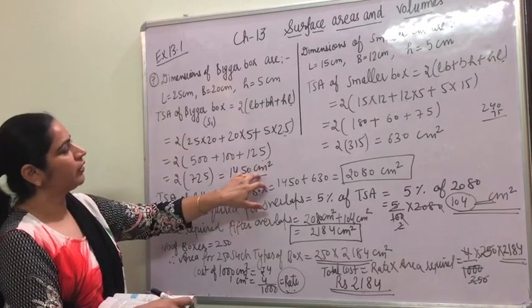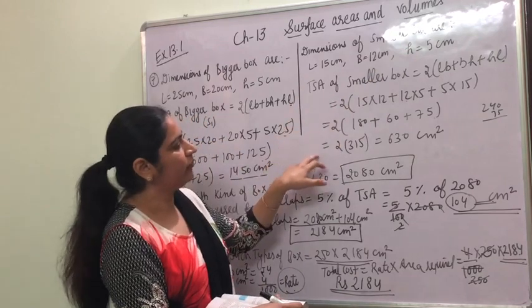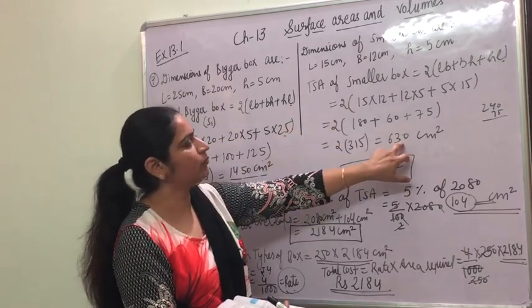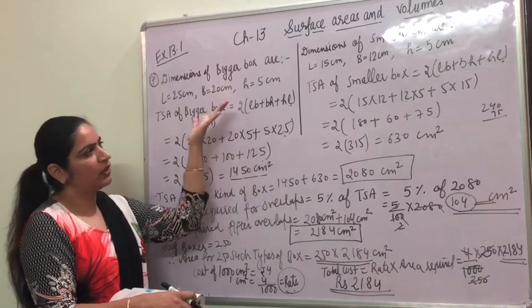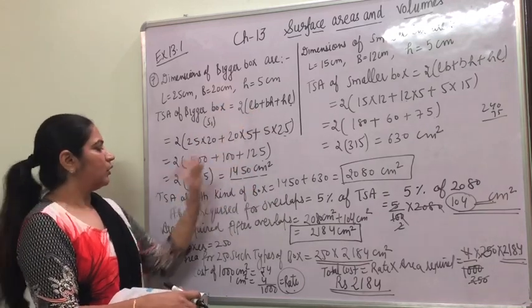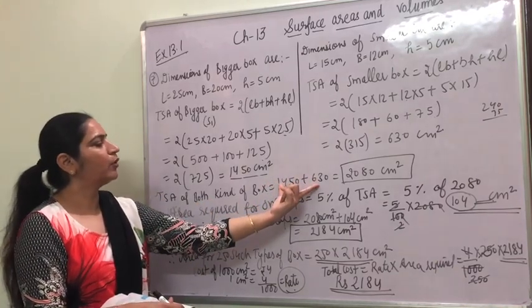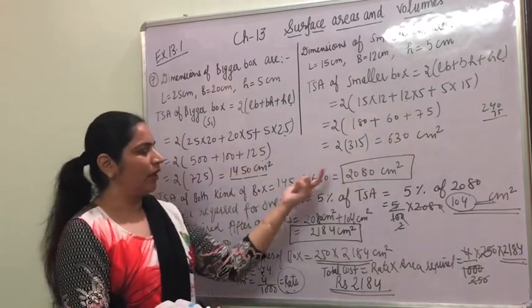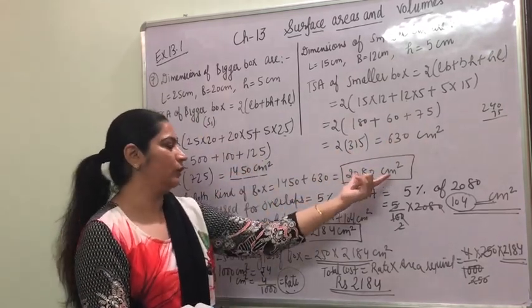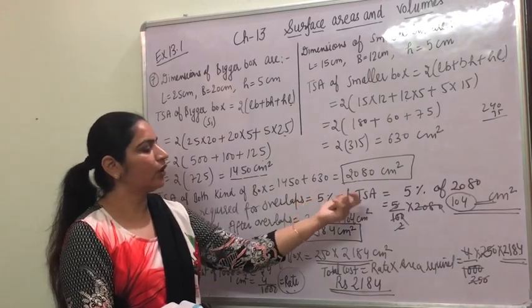Now the total surface area of the smaller one, we applied the formula again. Because requirement is of cardboard for making both types of boxes, we have found area required for both. We'll add them up. After adding we have got this value. Now 5% extra is required for the overlapping.